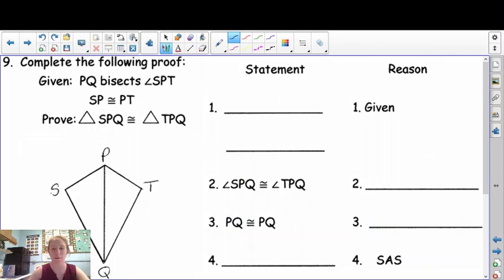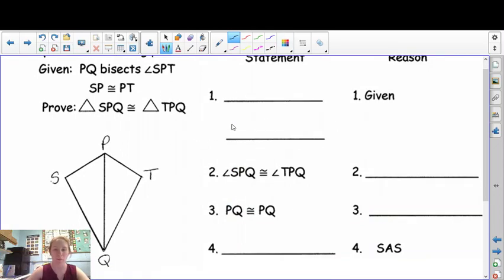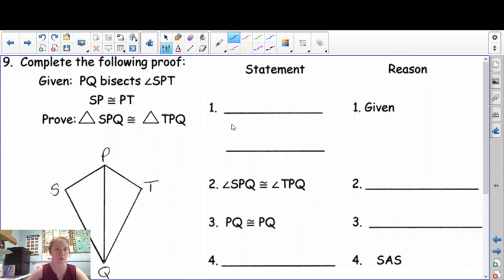All right, complete the following proof. Again, I'm going to try and type when possible because my handwriting is atrocious. So we're told some information, so let's see if I can put any of that on my picture. PQ bisects angle SPT, and SP is congruent to PT. Well, the first step in any proof is always the given.